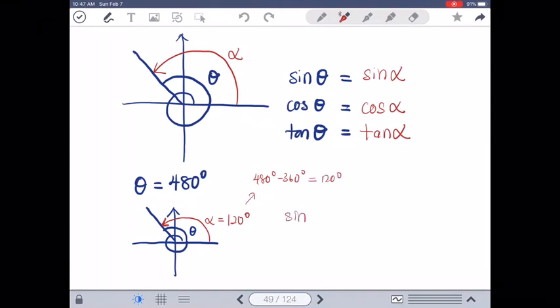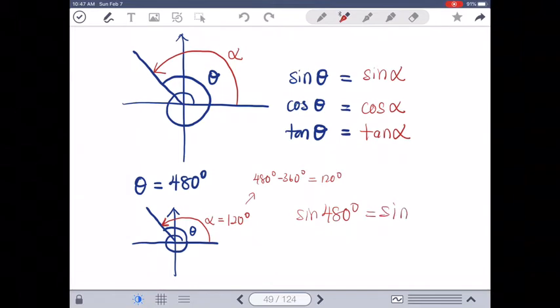Okay, we can say that sine theta is equals to sine 480 degrees, which is just equals to sine 120 degrees, and so on. Don't get confused. You can try and error and look for the pattern on these angles, and eventually when you do lots of practice, you will notice the patterns.